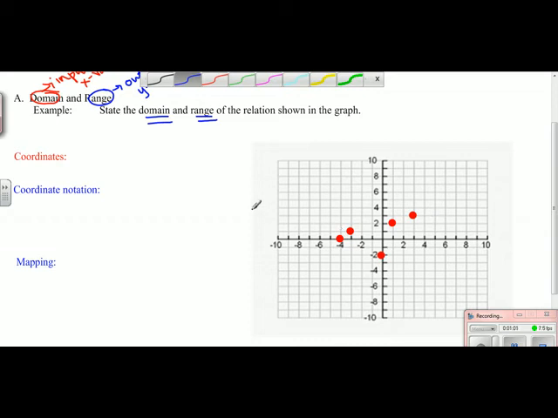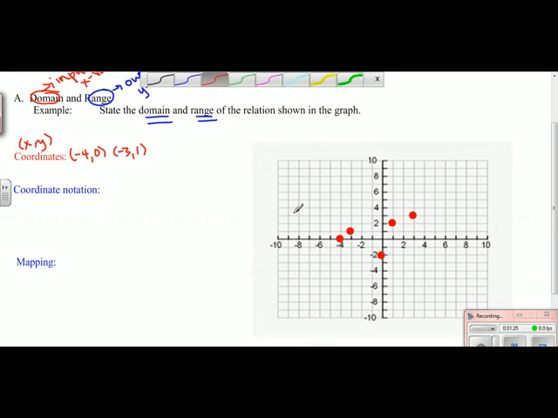So if we're looking at this picture here, we need to create a list of coordinates. And remember, those are our x, y values. And so our coordinates for this point, x first, -4, 0. Our coordinate for this point is -3, +1.